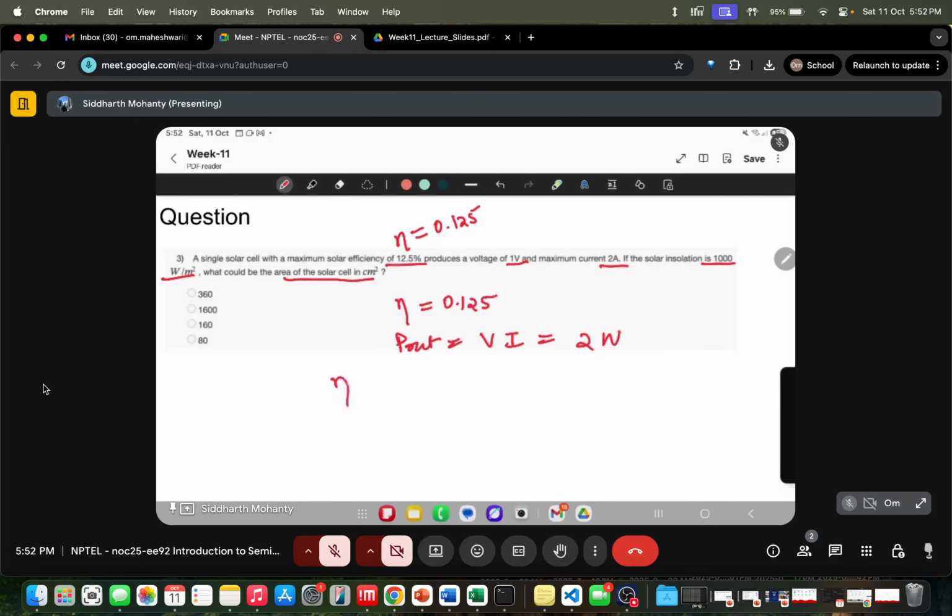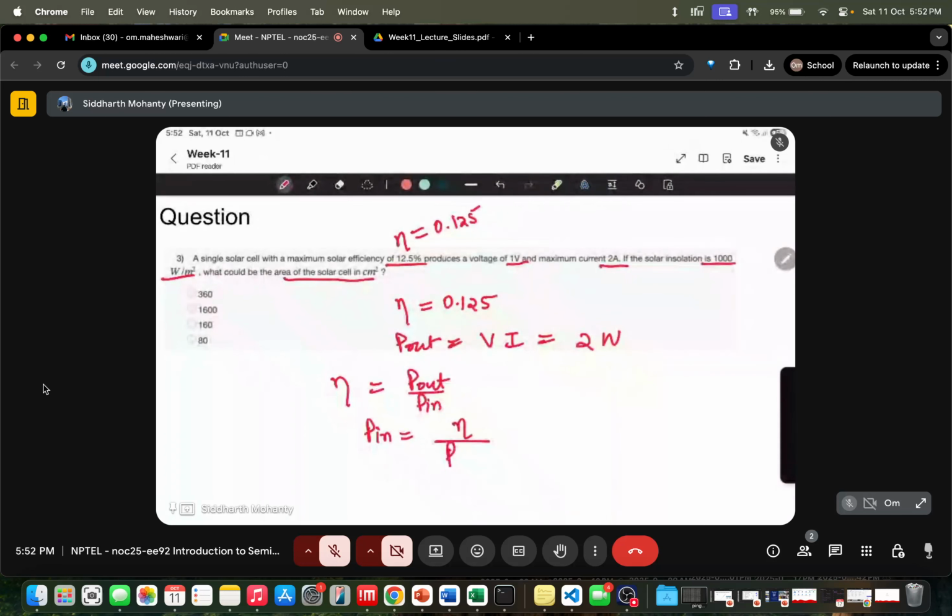and we know efficiency is P out by P in.